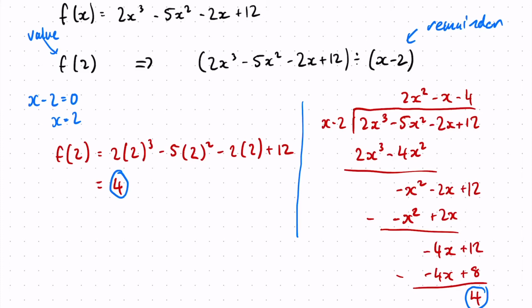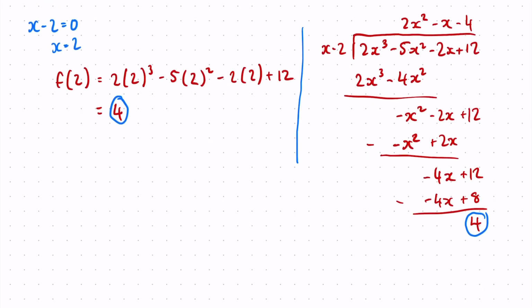Okay, there's a way we can display this so that we can say f of x, factorizing it, is x minus 2 times 2x squared minus x minus 4.